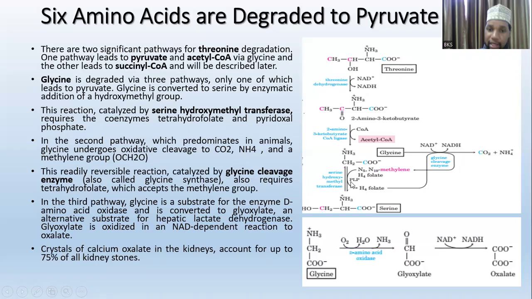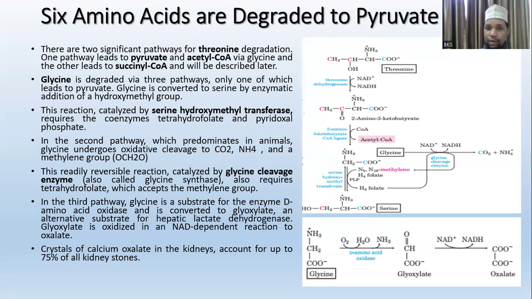So in this reaction, which is another pathway of glycine degradation, it uses N5,N10-methylene tetrahydrofolate to contribute a hydroxymethyl group to glycine, leading to formation of serine.